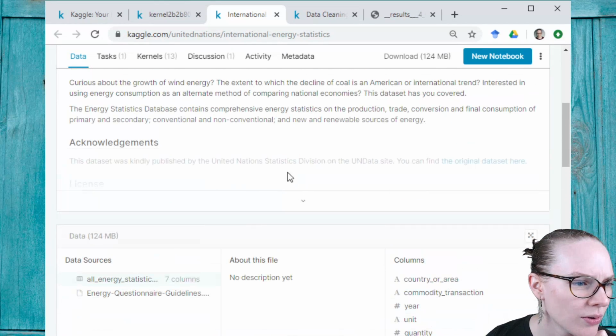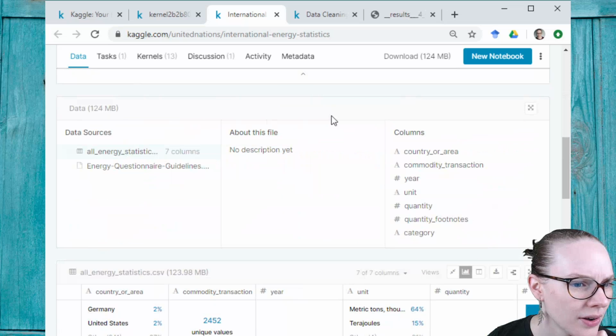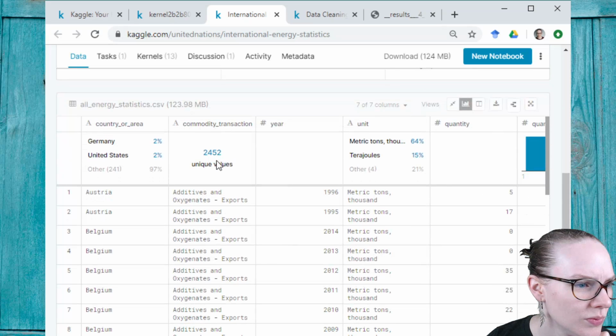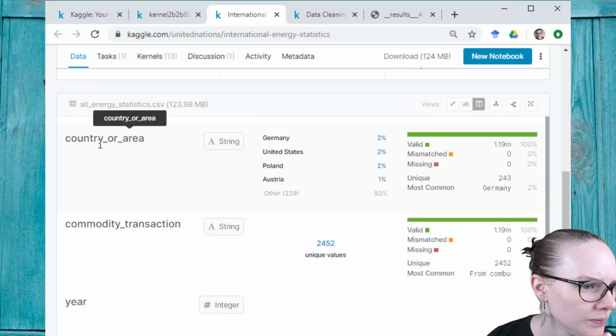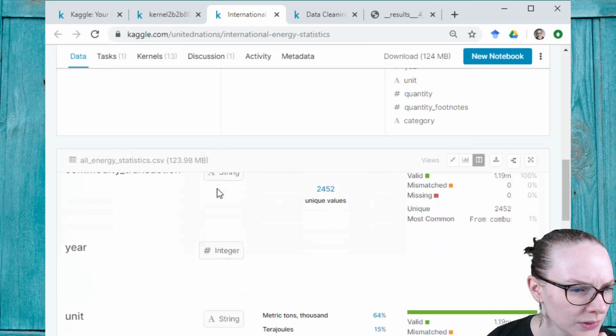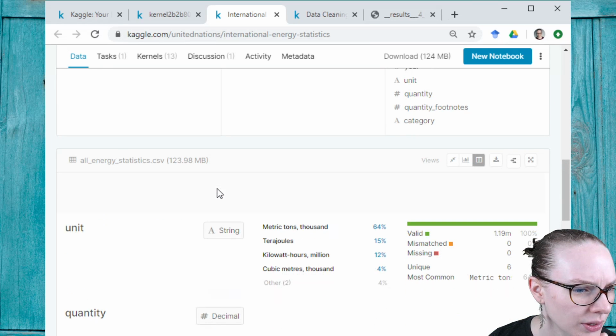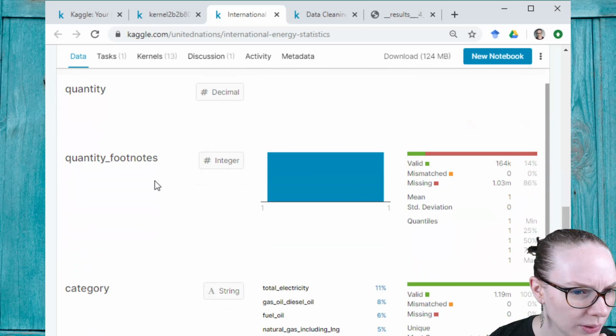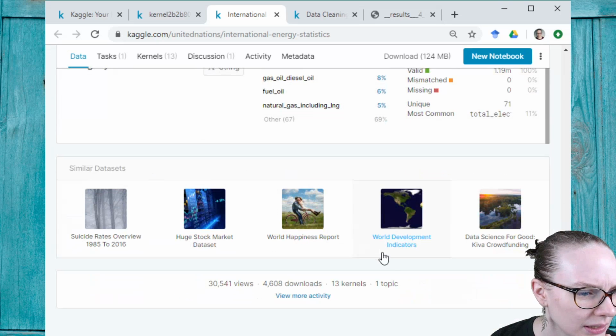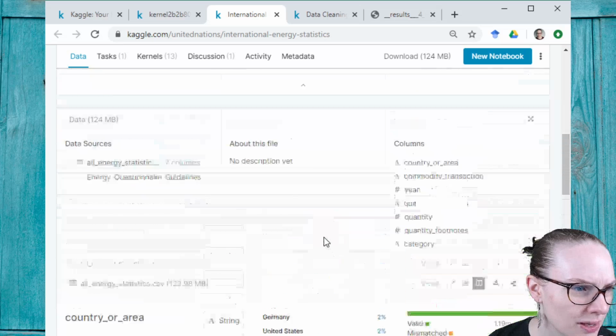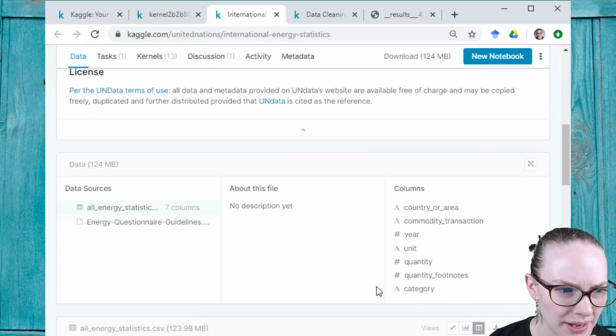Does it say how many rows there are in here anyway? Country or area, unique values, unit, quantity. I don't think it does, but there's a lot of them.